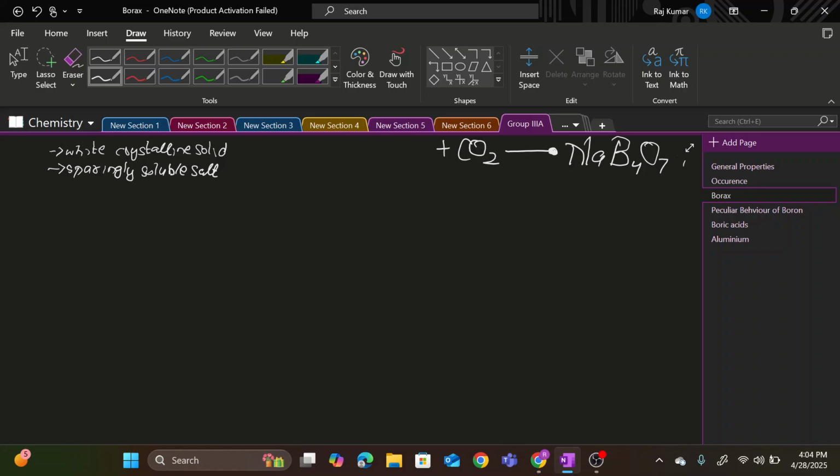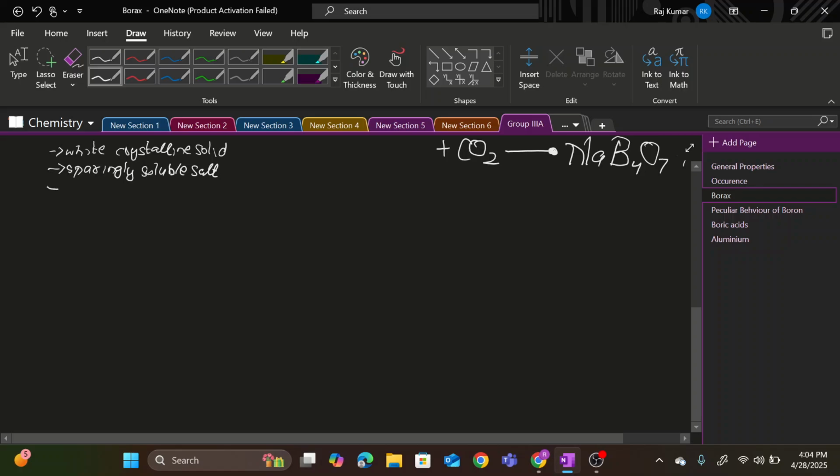And there's another important thing, that it exists in two forms. Number one form is decahydrate, and the second form is pentahydrate.